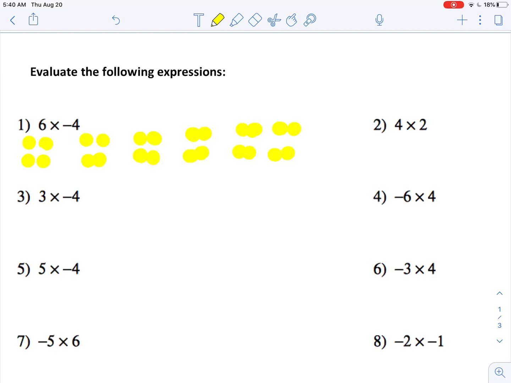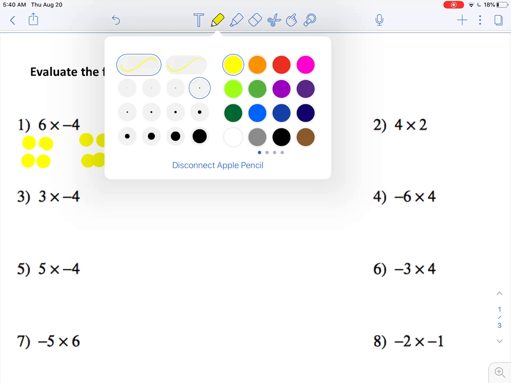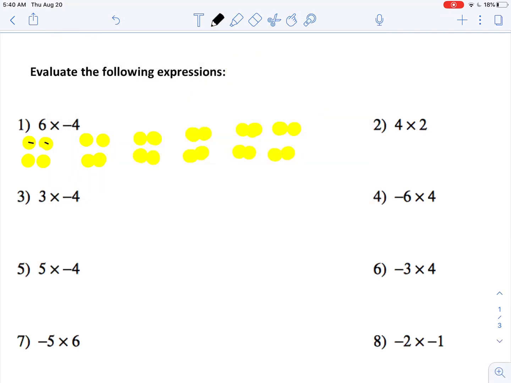So we can see that I'm going to have a negative answer because I've just got negative chips.